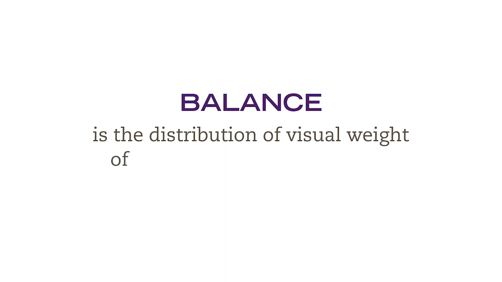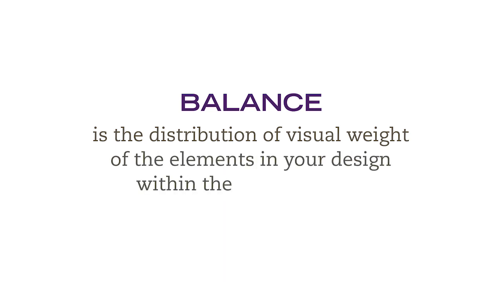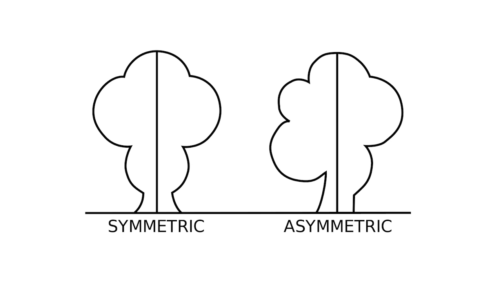Balance. Balance is the distribution of visual weight of the elements in your design within the pictorial space. If the design was a scale, these elements should be balanced to make a design feel stable. In symmetrical balance, the elements used on one side of the design are similar to those on the other side. In asymmetrical balance, the sides are different, but still look balanced.